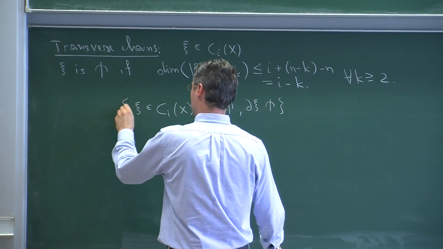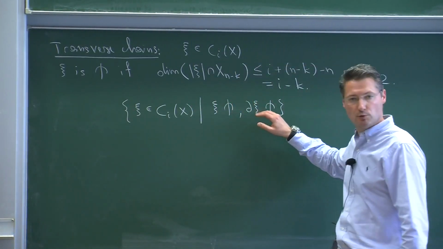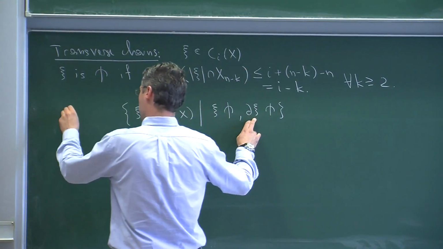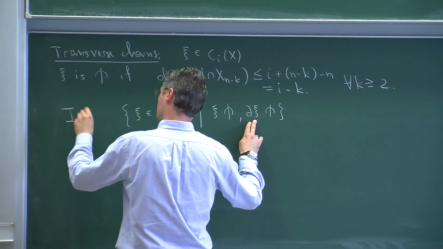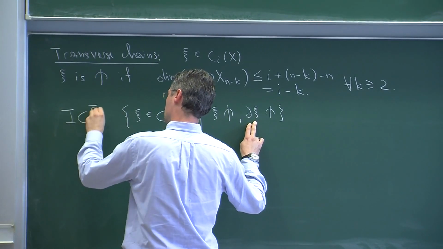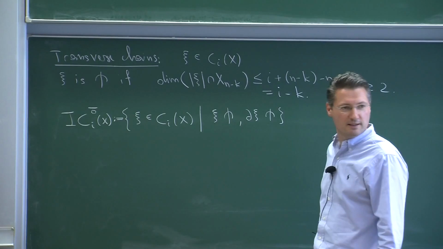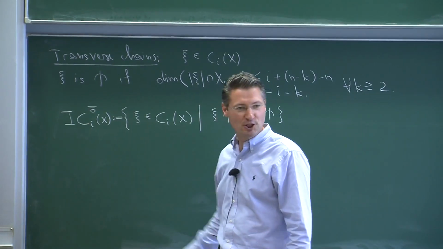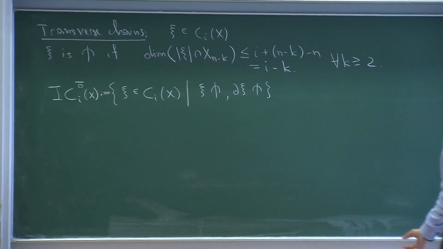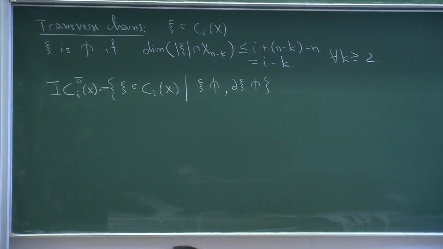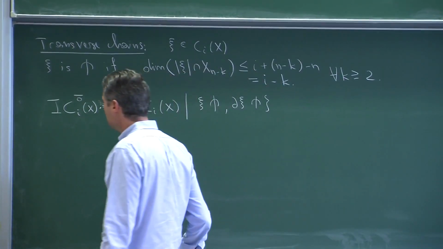So then this becomes a chain complex because I've required the condition explicitly also for the boundary, and I call this IC 0 I of x. Now secretly, this already stands for intersection chains, but I'm not saying it yet, right? So these are just the transverse chains. Okay.